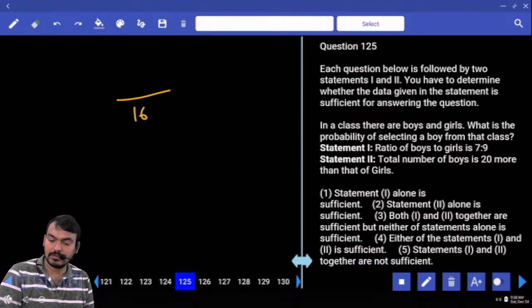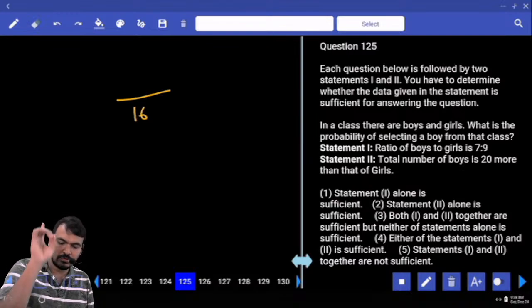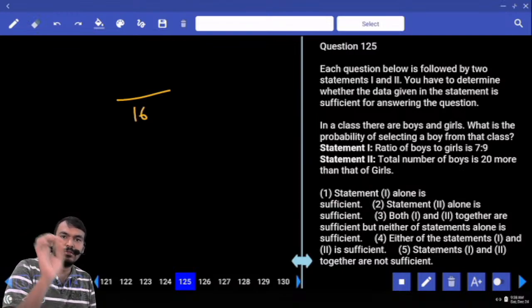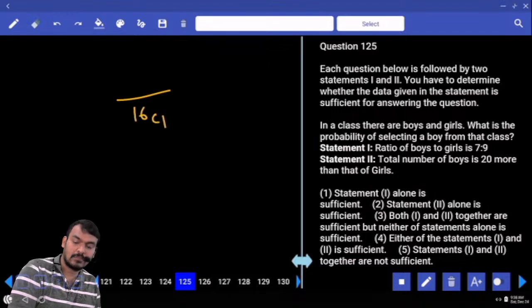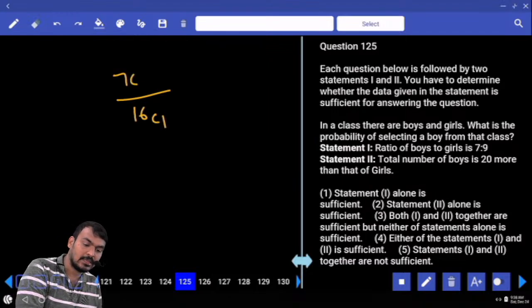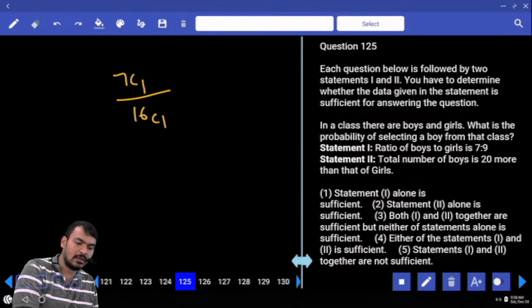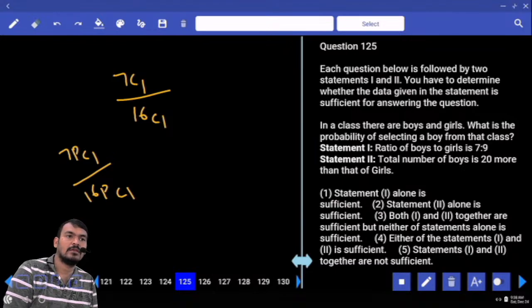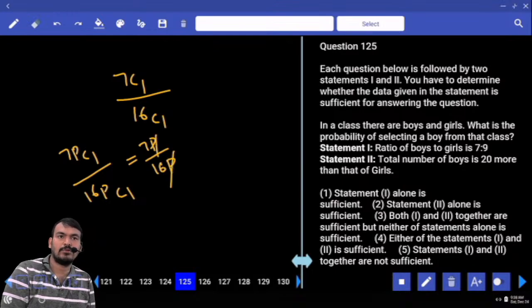We are choose one boy or not? That means we write 16C1. Numerator 7C1 or not? Or 7 parts C1 by 16 parts C1 or not? Yes or no? Obviously 7 parts by which one? 16 parts or not? We are get the probability or not?